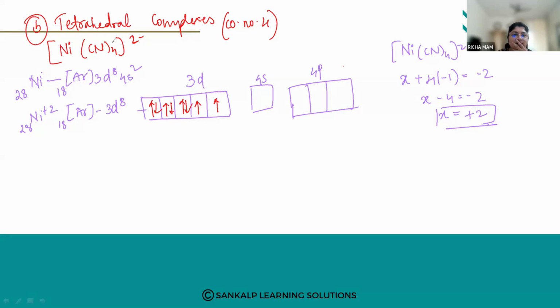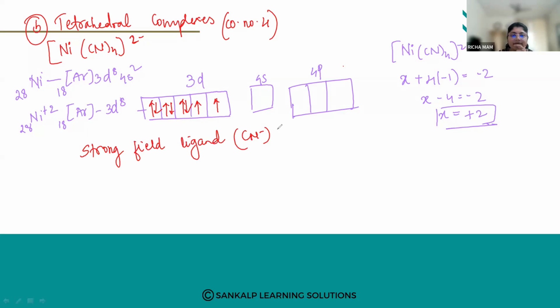Now, what is the cyano ligand? Cyanide is a strong field ligand. So under the influence of the strong field ligand, that is your cyanide ion, what will happen?